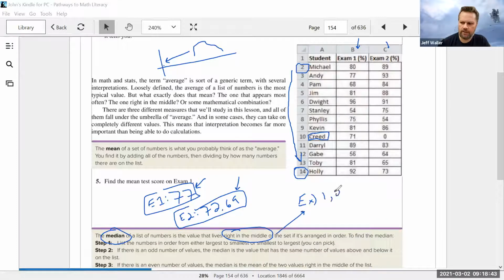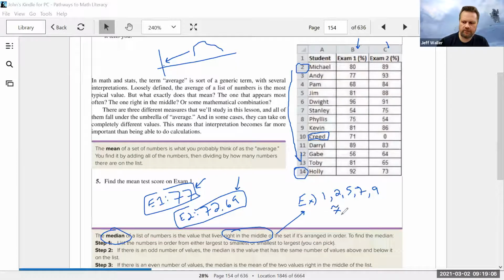So for example, what would the median be here? You don't have another number, so I would say 5. Well, the median is the number that's in the middle. So it'd be 5. And I'll go ahead and show you.